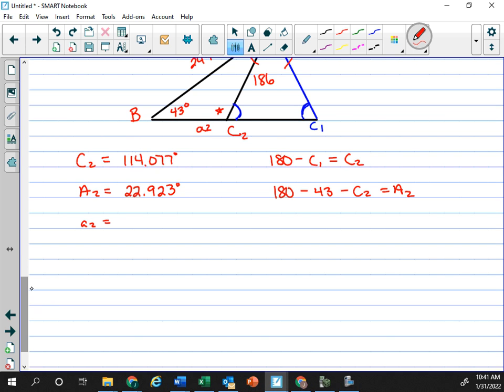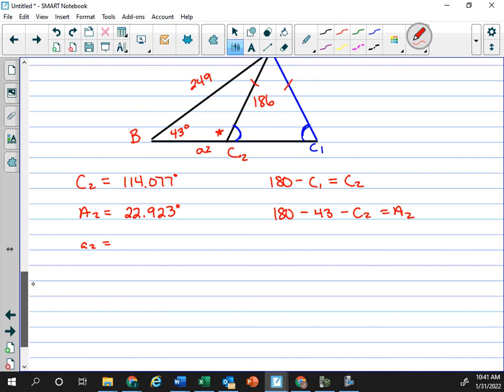Law of sines. Yep, back to law of sines. Excellent. So I'm going to set it up: sine of 43 over 186 equals sine of that stored A value we just found over little a. And go ahead, you're solving for a sub 2.